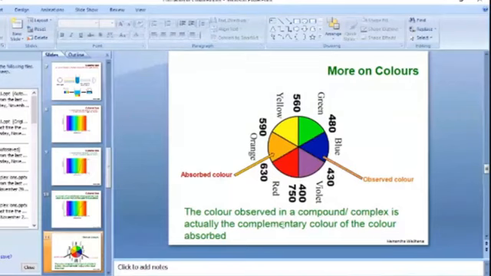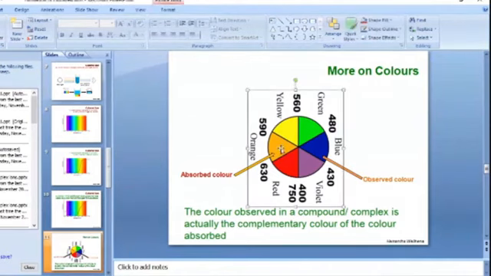So the color observed in a compound or complex is actually the complementary color of the color absorbed. So if you absorb orange, one will actually see blue.